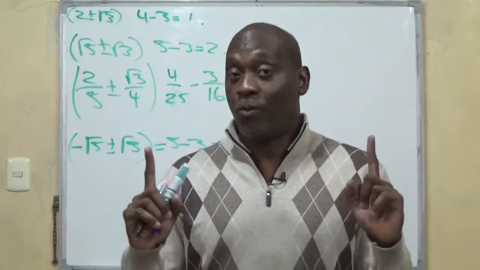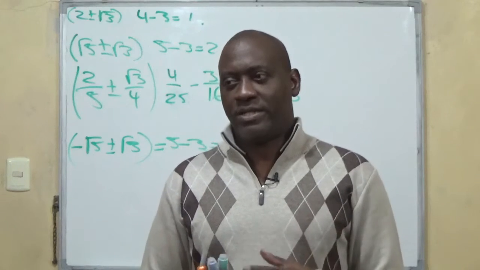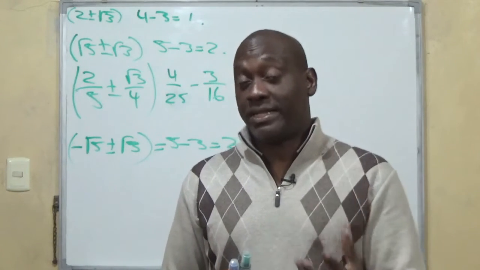Remember, we said just now that when you multiply a binomial surd by its conjugate, you're supposed to get a rational number.